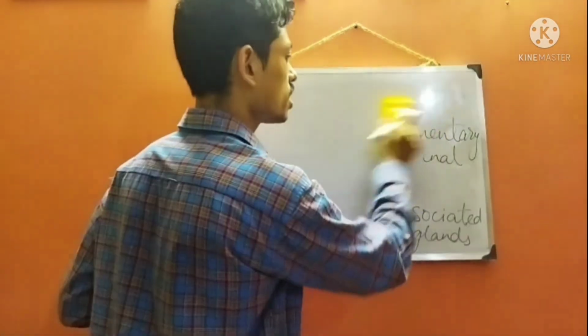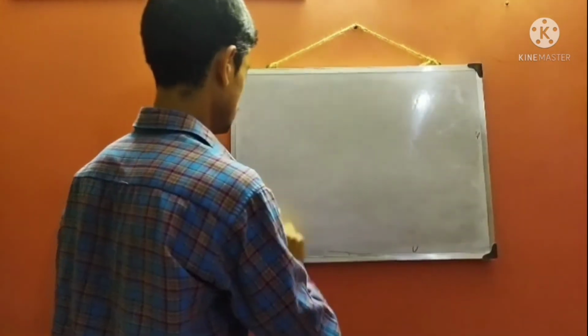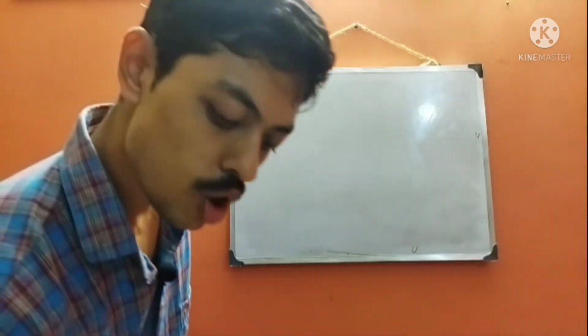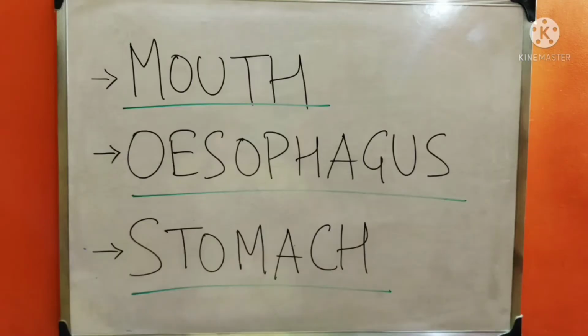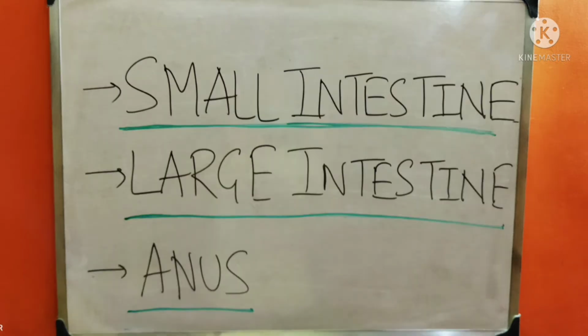Now coming to the alimentary canal. The alimentary canal comprises of the mouth, esophagus or the food pipe, stomach, small intestine, large intestine which ends in rectum, and finally anus.